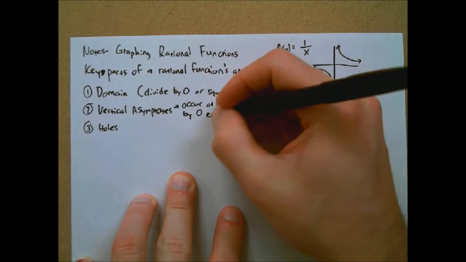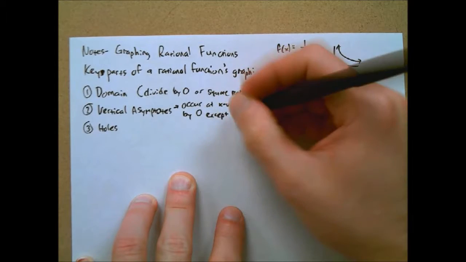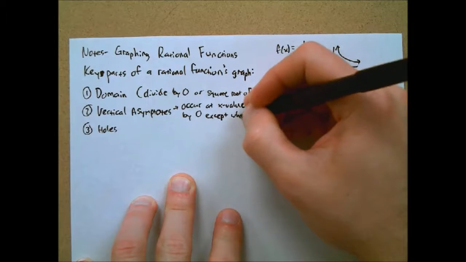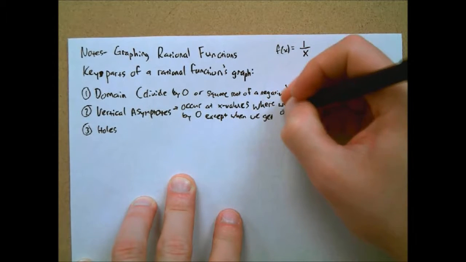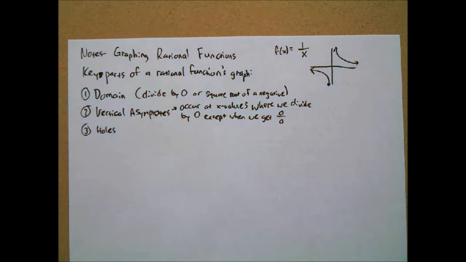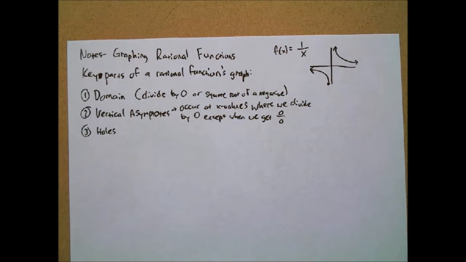Except when we get 0 over 0. So dividing by 0 is undefined, like 3 divided by 0 is undefined. But if we get 0 divided by 0, that's no longer undefined, that's indeterminate form. And so we have to do a little bit more work here to analyze that.